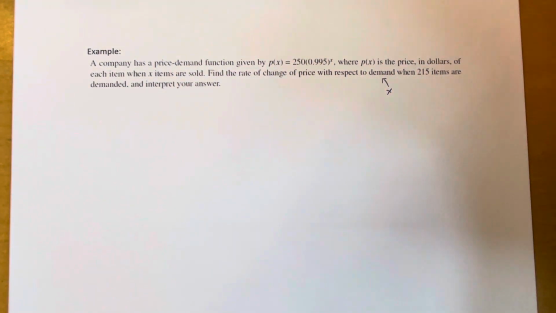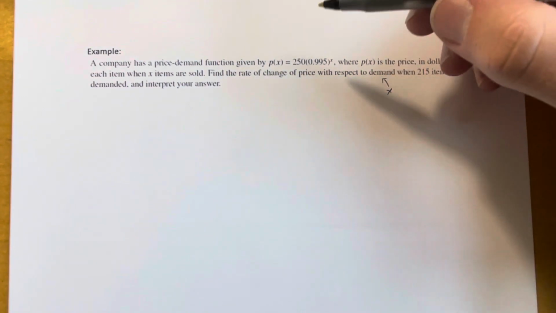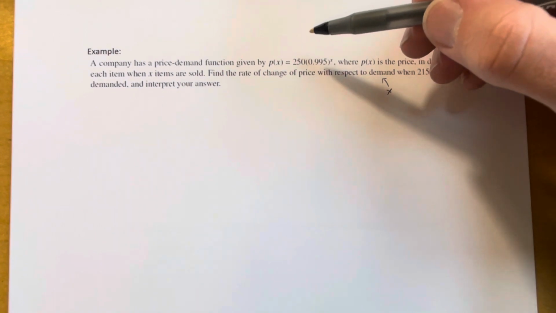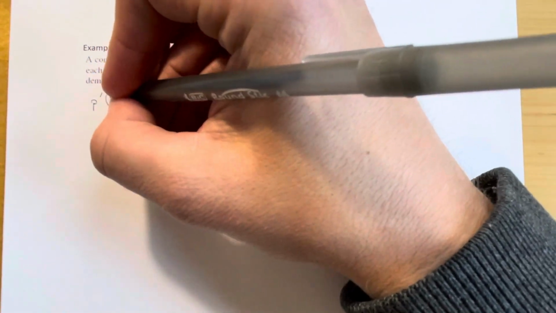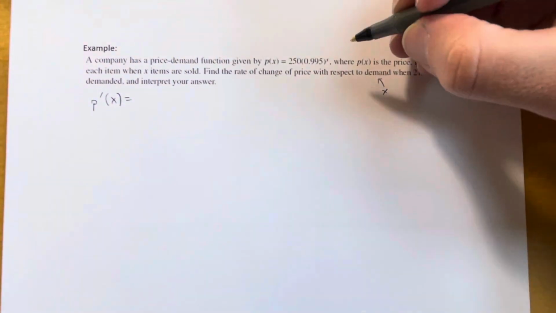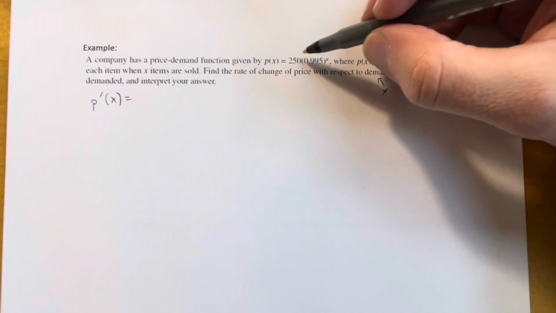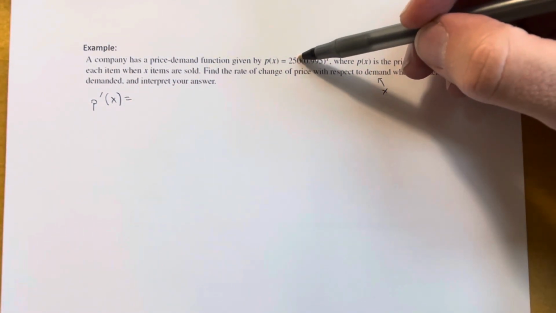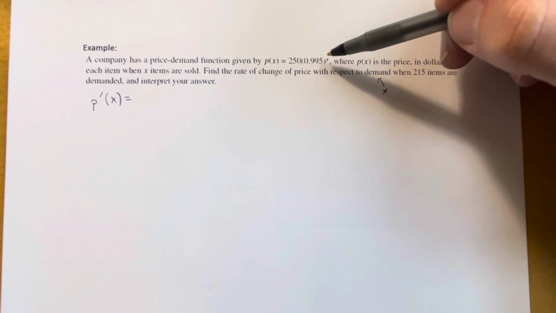But we don't want a revenue function. We specifically just want price. So I'm going to start by taking a derivative of this. So P prime. Okay. Now thinking about our derivative rules, we have a constant times an exponential function. The constant, because of the constant multiple rule, basically just stays put, and we just move over here and take the derivative of that exponential function.